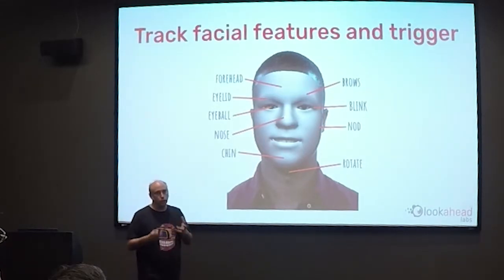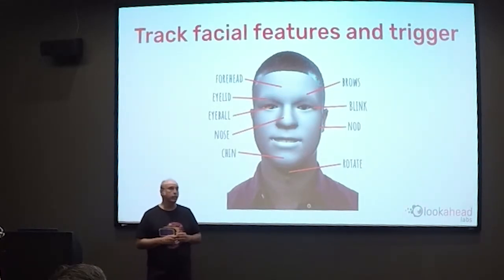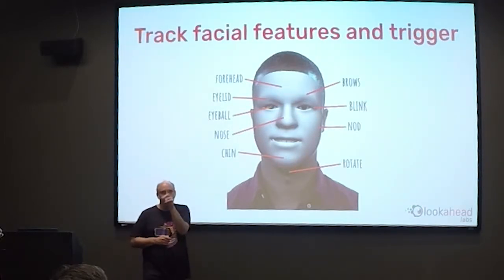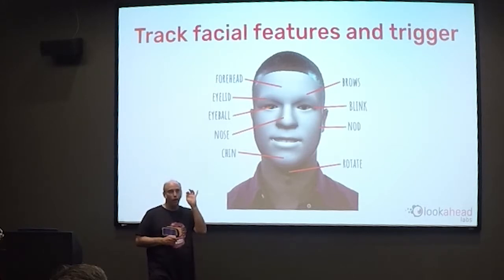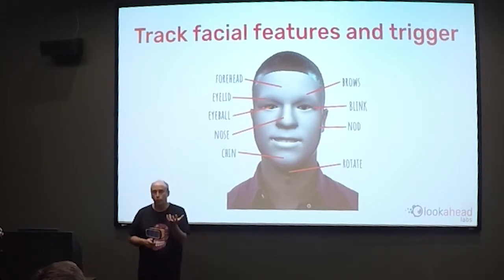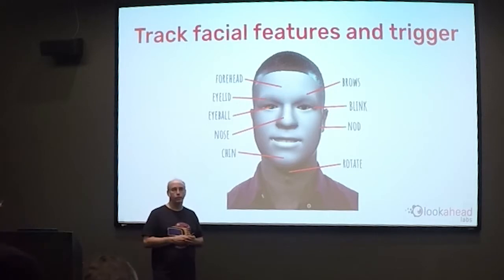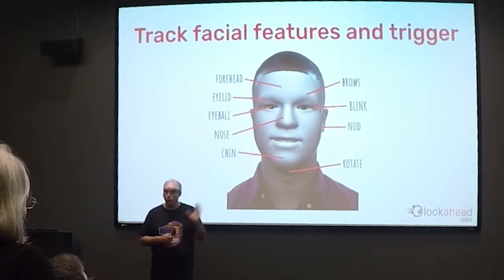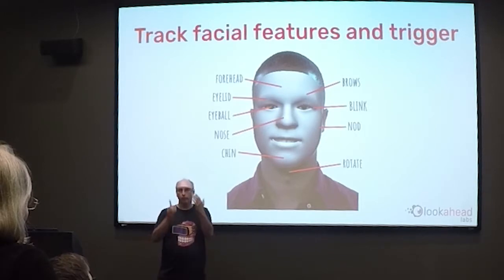Now, the one type of tracking that it really excels in is face tracking, and you can get all kinds of crazy detail. You can tell where eyeballs are looking, where the edges of your eyes are, how much your mouth is open, and all that kind of stuff. You might ask what the use of that is. It really helps with face effects that need to fit your face, because it can deform things to fit your face.